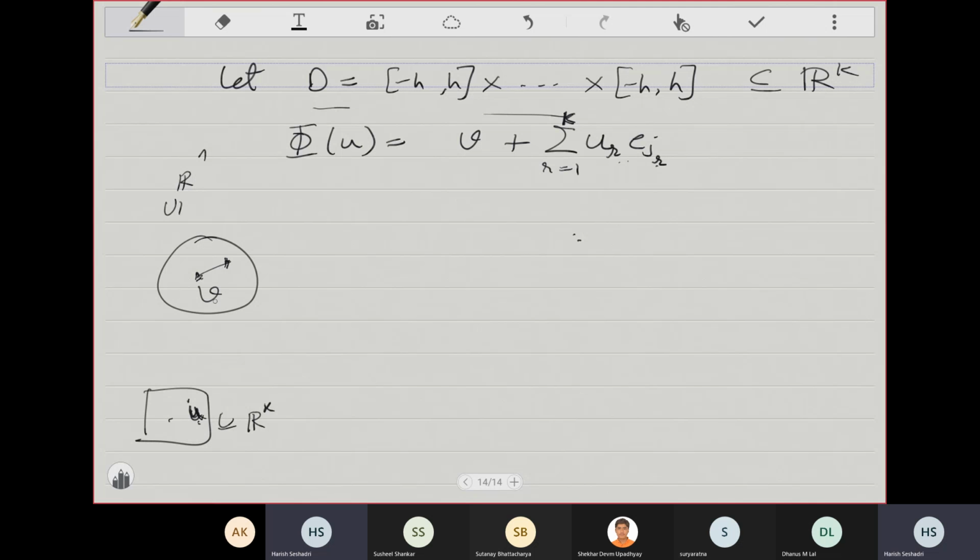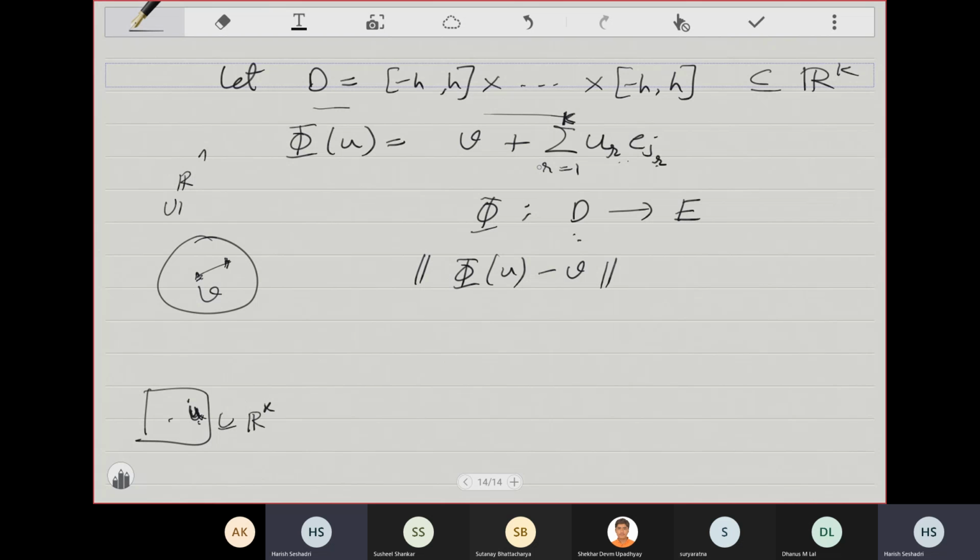So this is a C1 function from this K cell D to Rn. Why does it belong to E? It belongs to E simply because phi of u minus V will actually lie inside the small ball that we chose.